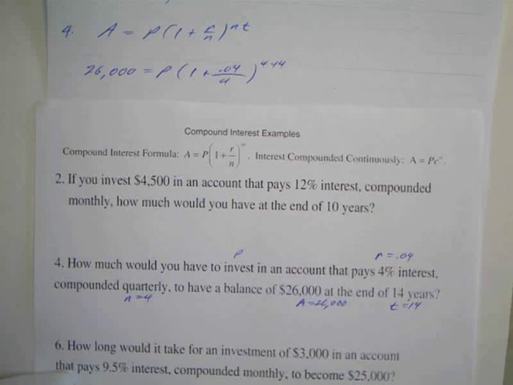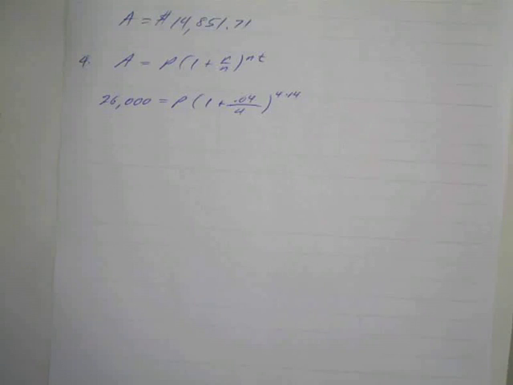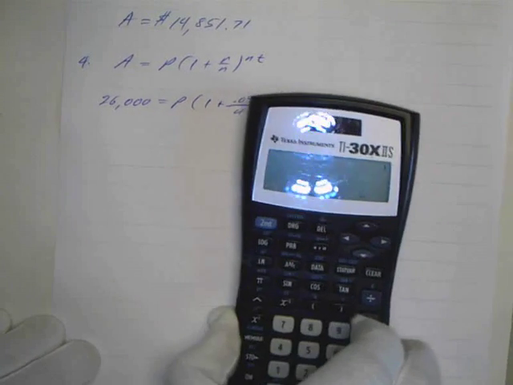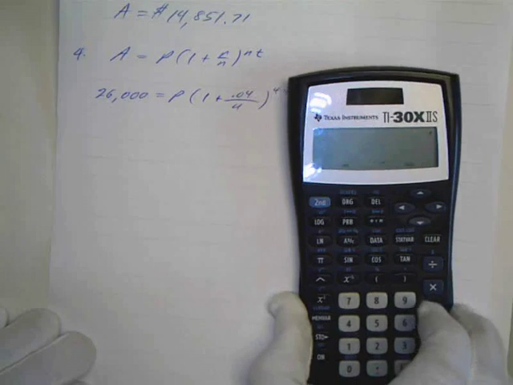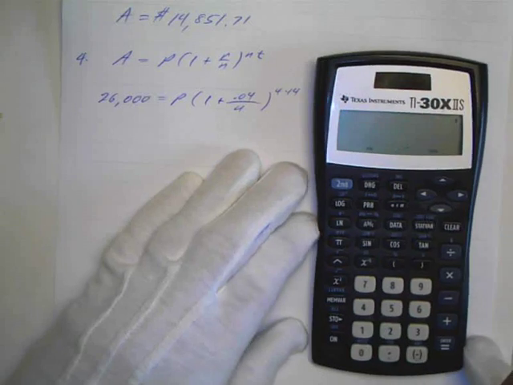So we can simplify this a little bit. Now we are going to have to divide by all this, so it's probably easier to simplify this before we divide, because we're going to try to solve for P. So I'll work on the right side first. Hope you can all see that okay.